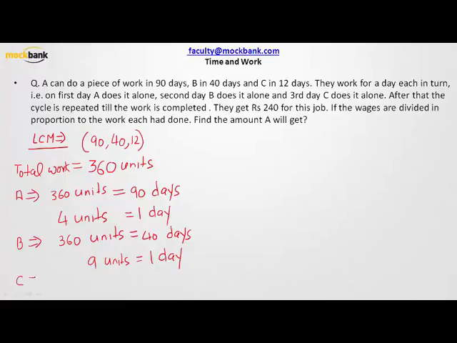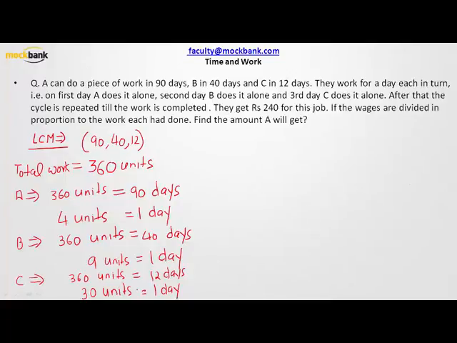What about C? C does the whole lot of work in 12 days. So C does 360 units of work in 12 days. So in a day, C would be able to finish 360 upon 12, that comes out as 30 units of work.